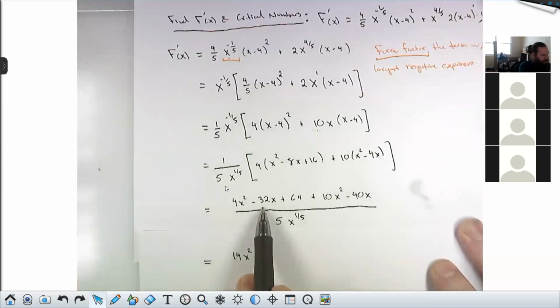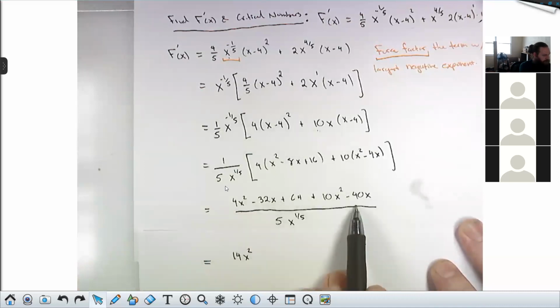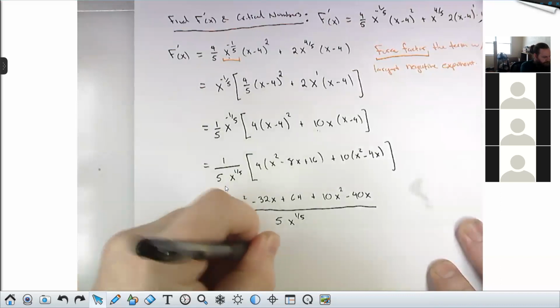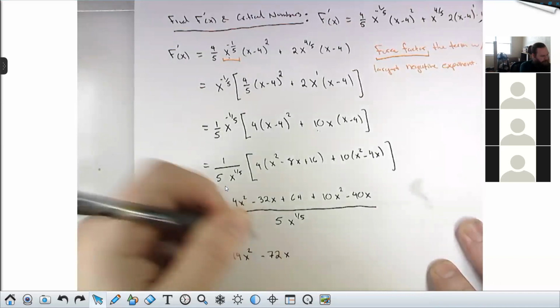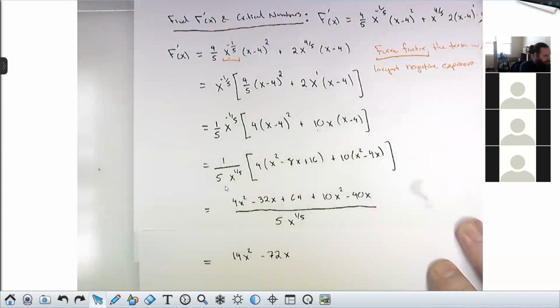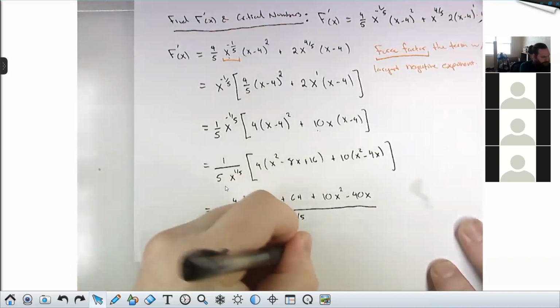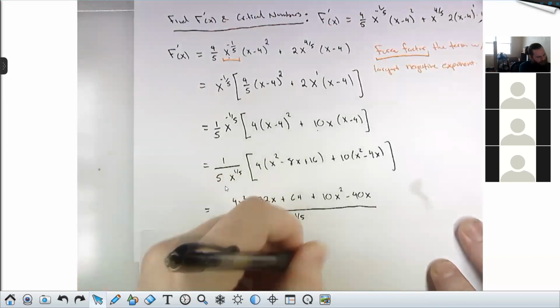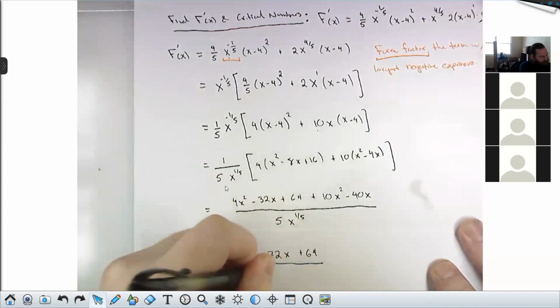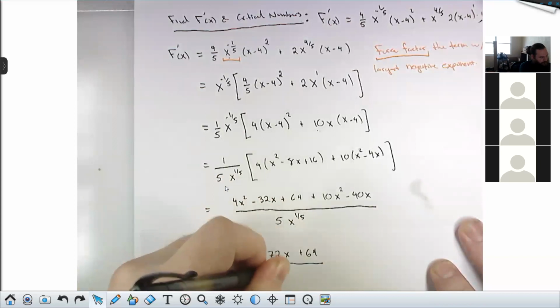I have a minus 32x and a minus 40x. That's going to be minus 72x. And then what else do we have here? We have a plus 64. And then downstairs, I still have my 5x to the 1/5.